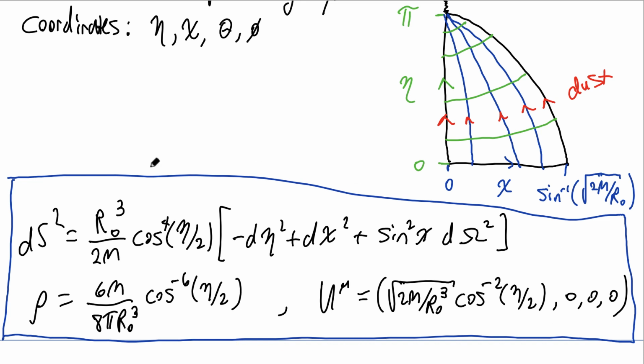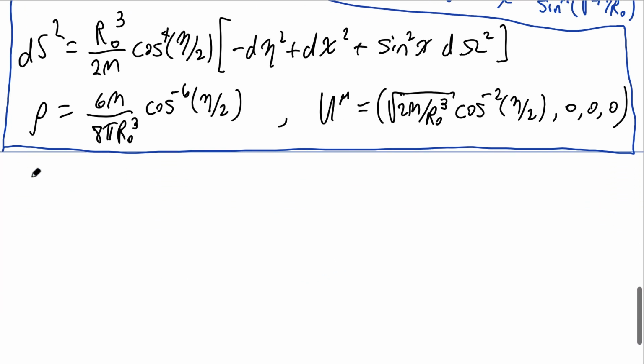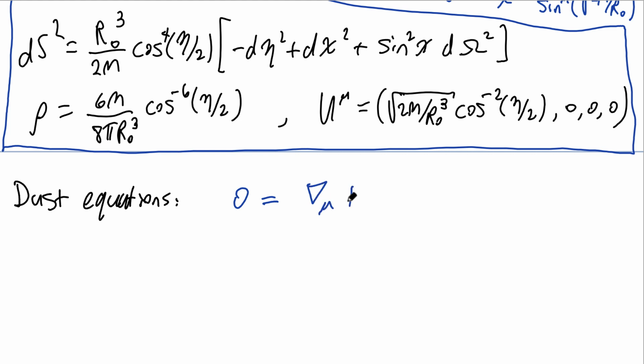Now we still need to verify that this metric, density, and forward velocity satisfy the equations of motion. So first let's look at the dust equations. If we remember, for any perfect fluid, the equations of motion are just the equations of local energy momentum conservation.